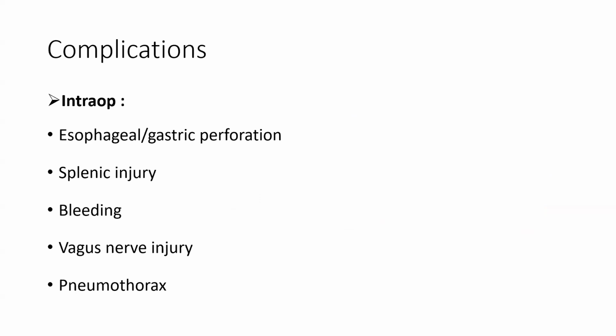Next, coming to the complications, you can skip this slide. It's obvious. It depends on what organs you injure while doing the surgery. What happens if you accidentally damage the vagus nerve while mobilizing around the hiatus? What does it mean?